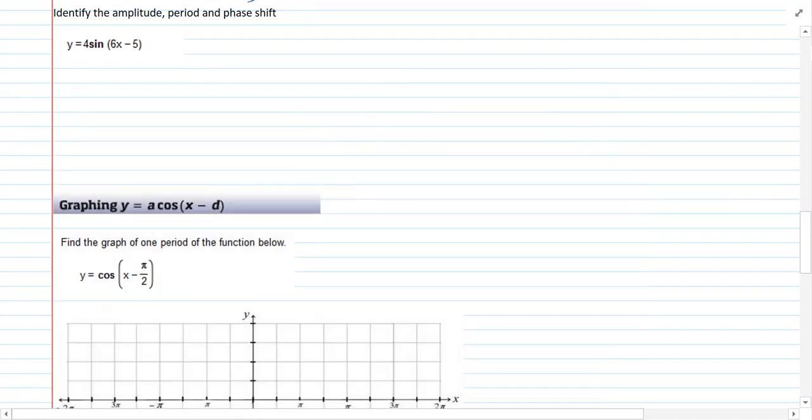We know that we have a sine. So we have y equals a sine of bx minus d. They had it as a d. All right, so we have to do math. We cannot just label.